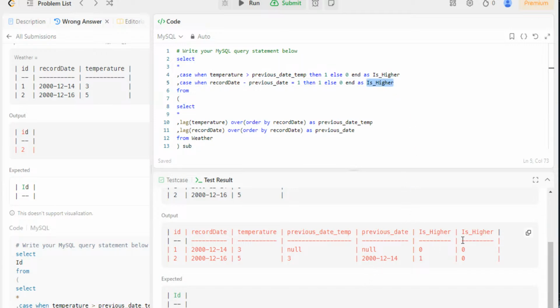Previous date is higher, then 1, then 0. Okay. Previous day.